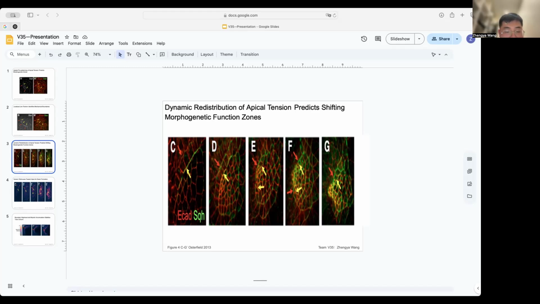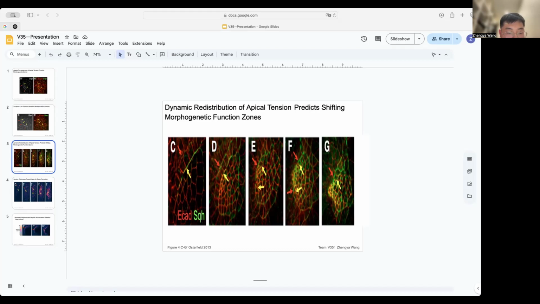In panel C, SQH-GFP is concentrated along the roof boundary, matching earlier observations. As we move through D to F, this shifts toward the midline. By G, myosin accumulates along the seam where floor cells meet.